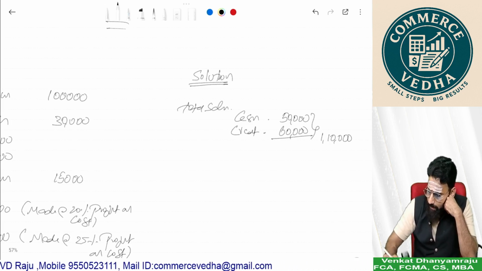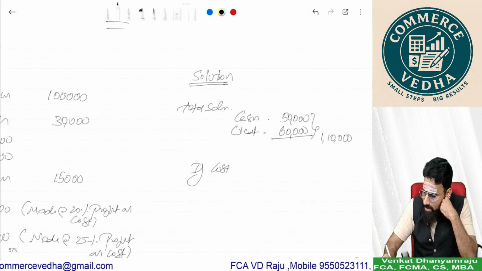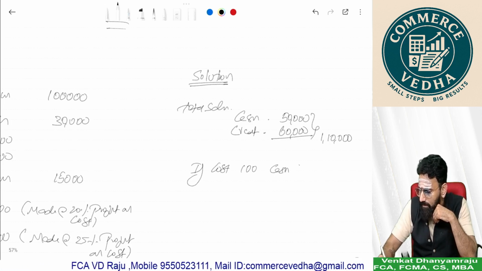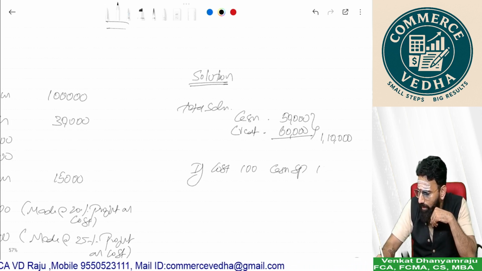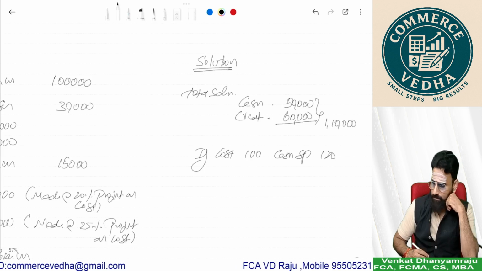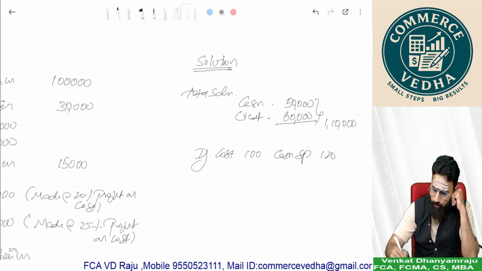Suppose cost is 100, cash sale price is 120, because 20% on cost. You added 20 on cost.